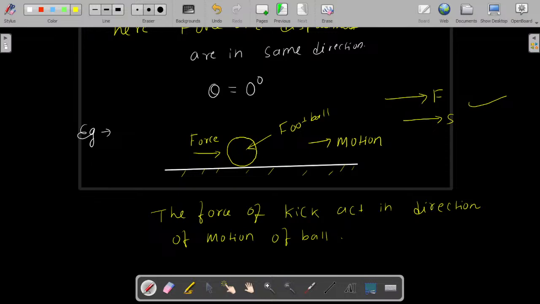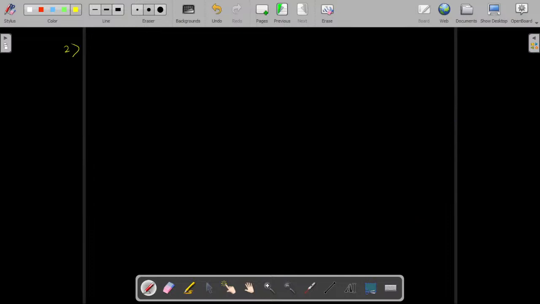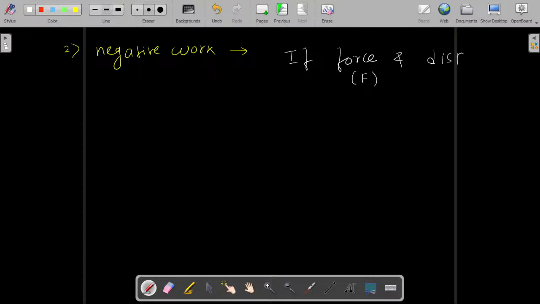Next write down negative work. In this you write, if force and displacement, force means F, displacement means S, act in opposite direction.